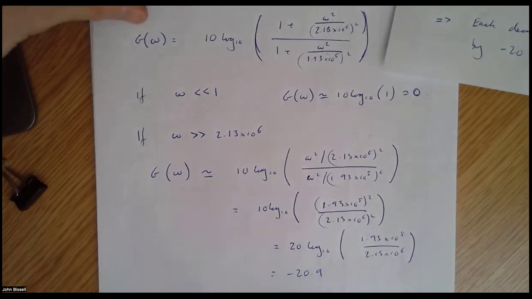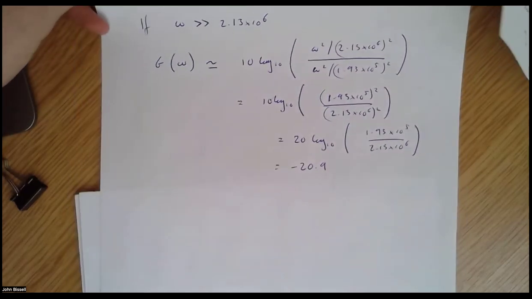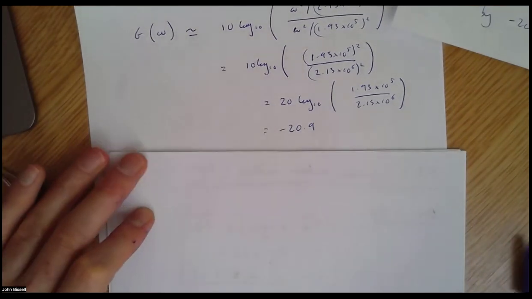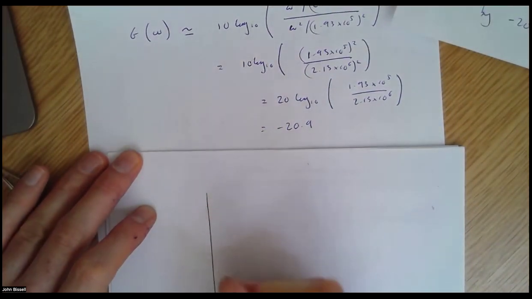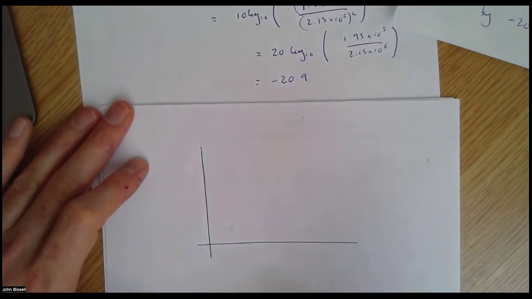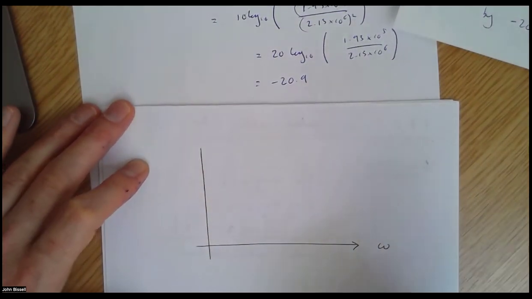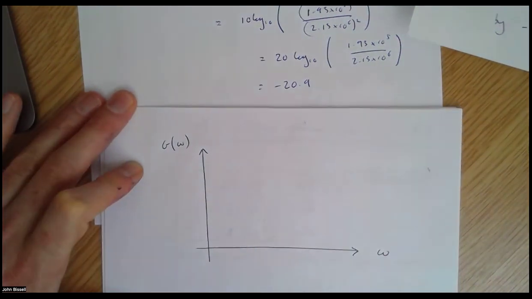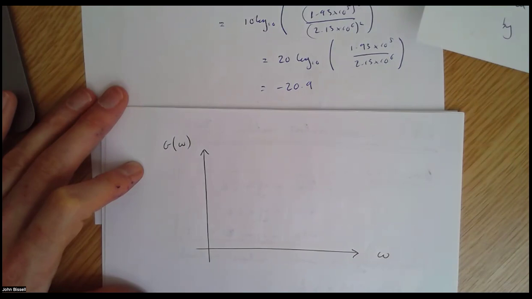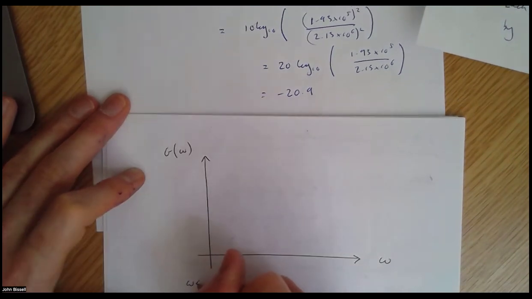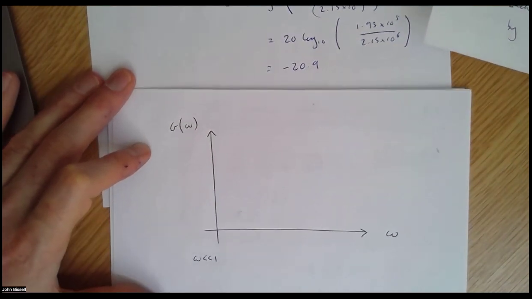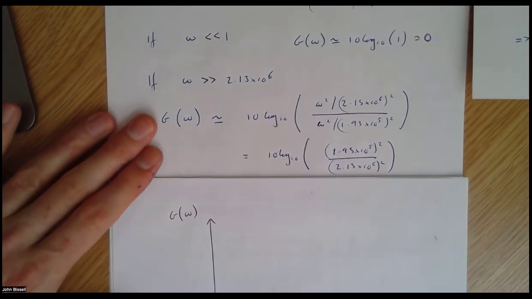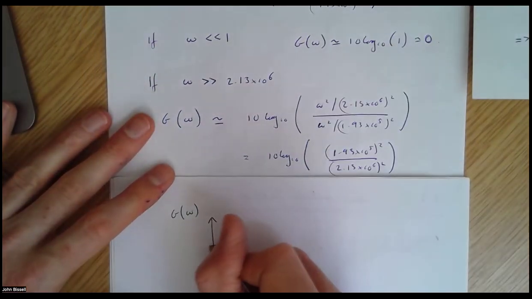Okay, so we can think about sketching this out. We're going to put omega on the bottom axis and the gain on the y-axis. We said when omega is much, much less than 1, the gain is about 0, so we know we're starting at 0.